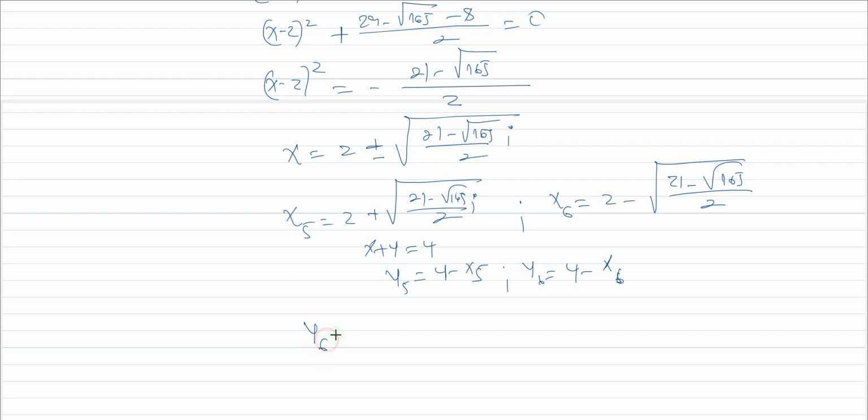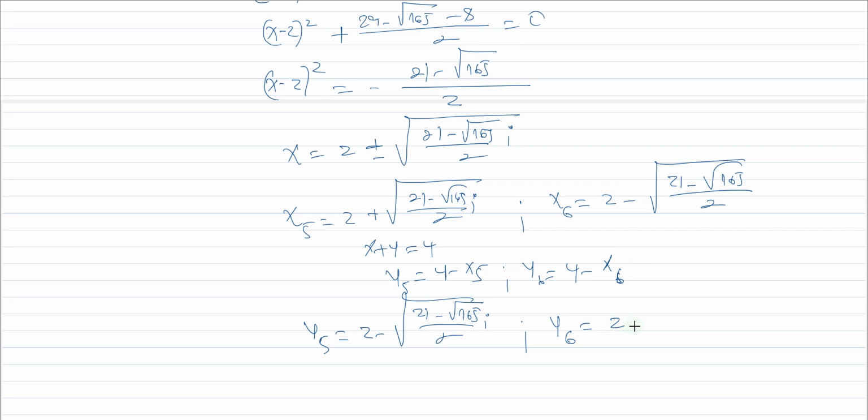We're going to have y6 equals 2 minus, just inverting the sign now. So we're going to have here 165 divided by 2i, and this is now y5, and y6 is going to be equal to 2.